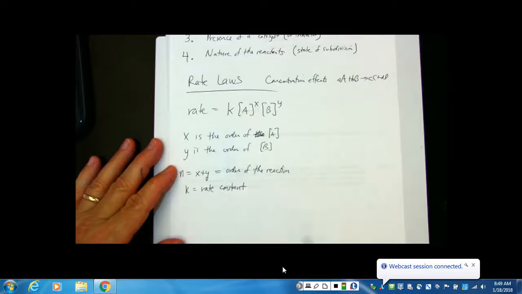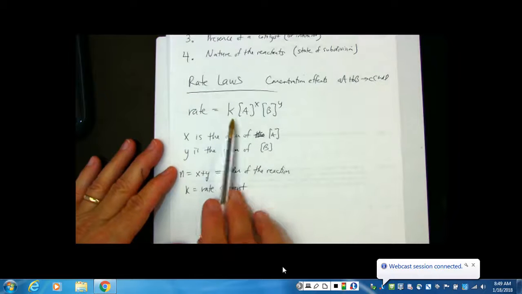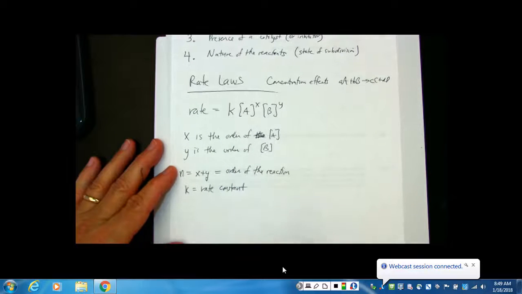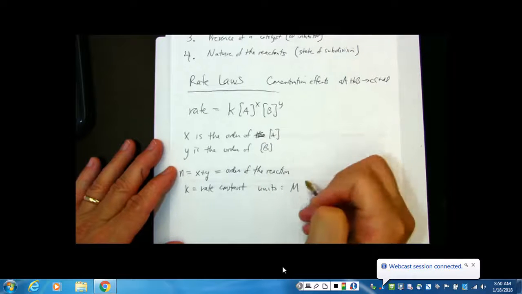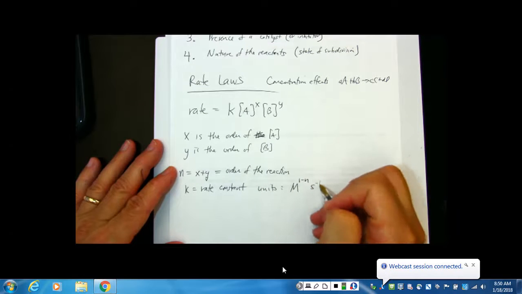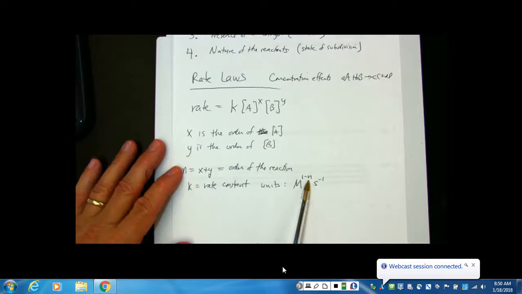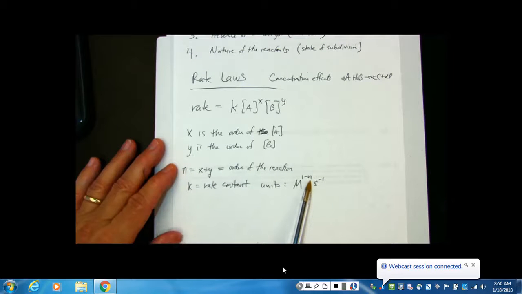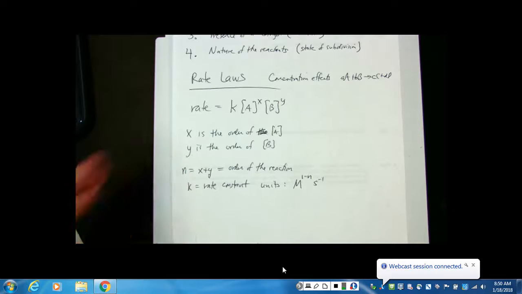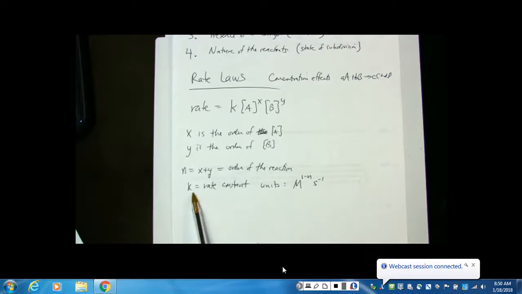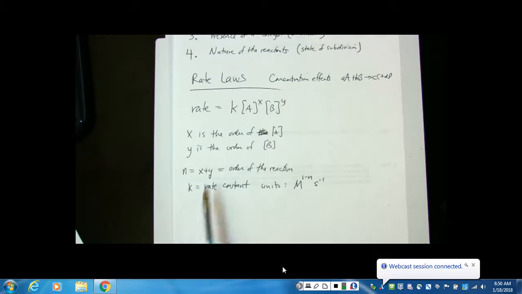When you have these concentrations raised to these powers, in order to get those units, the units on a rate constant are molarity to the 1 minus n, seconds to the minus 1, where n is the order of the reaction, x plus y. That way, that will give you units consistent with the rate.